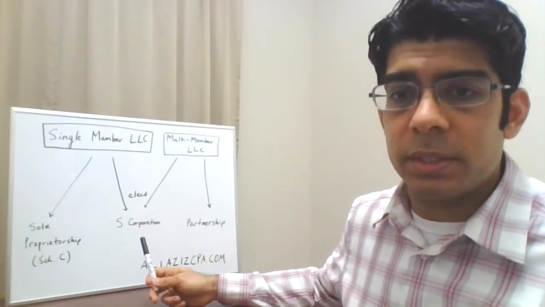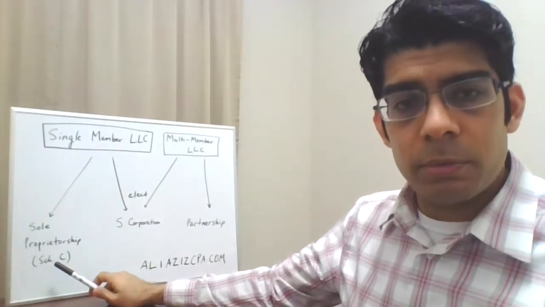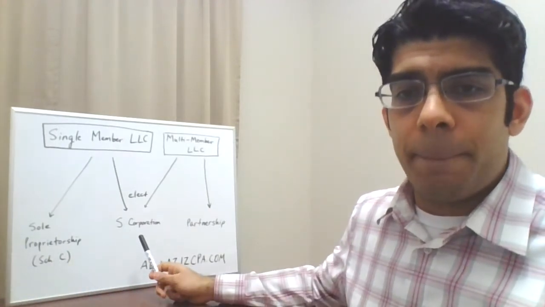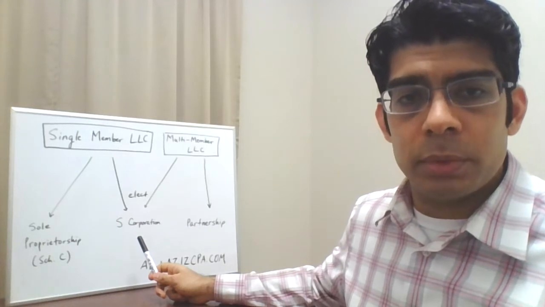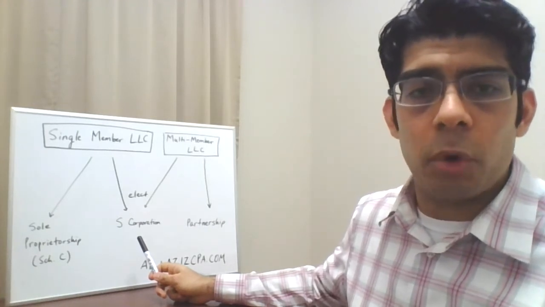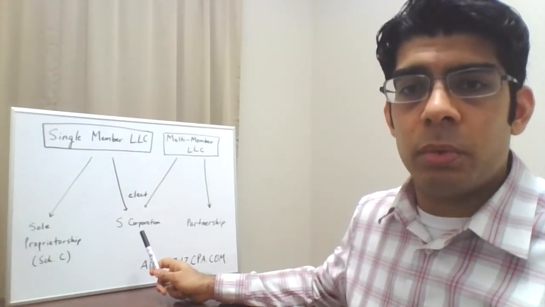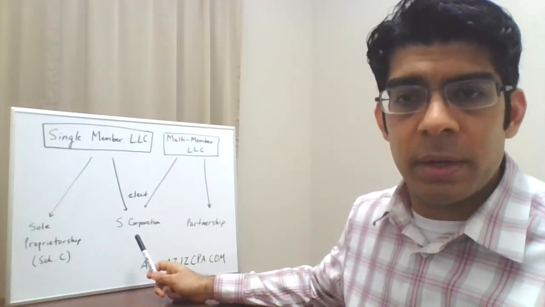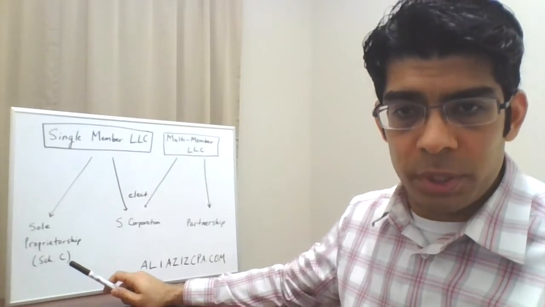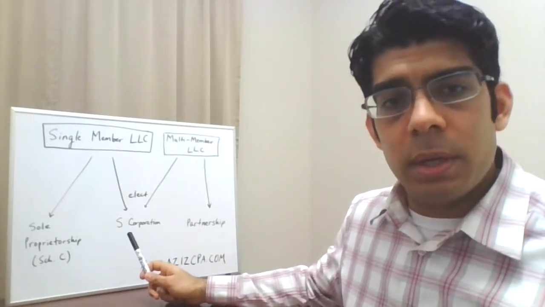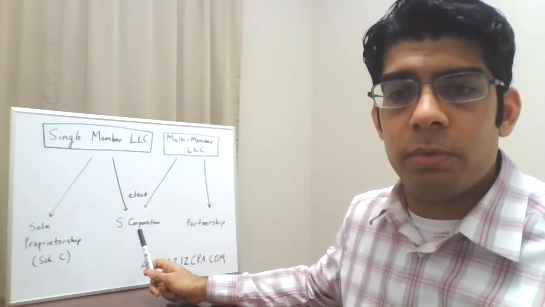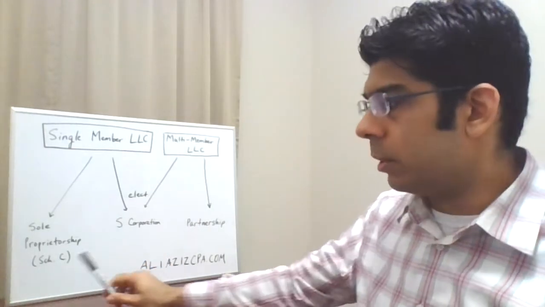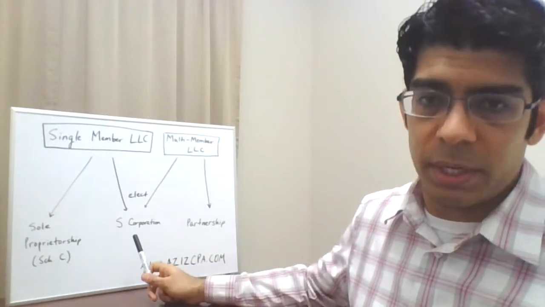If you do that, instead of filing on Schedule C on your 1040, you would have another tax return, Form 1120S, and you would put your income and deductions on that form instead of the Schedule C of the 1040. So in this case, your net income would flow from your S corporation onto your 1040, and it wouldn't be present on Schedule C if you elected S corp status.